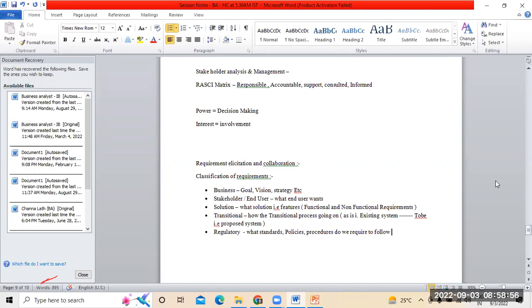Even though you have multiple BAs for the project, multiple BAs' involvement isn't required, especially in JAD. You require only one facilitator, whoever is right to manage all this. Did you understand? Yeah, thank you.